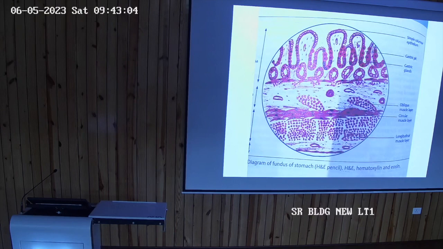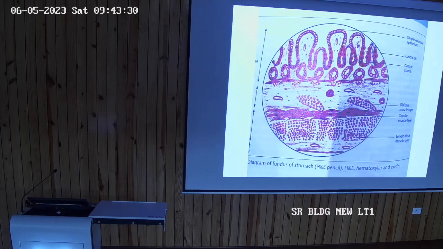The parietal cells secrete the acid, and that acid acts over the food and converts it into chyme. Chyme is a bulky pulp mass of the food, so the action of the other enzymes can take place.